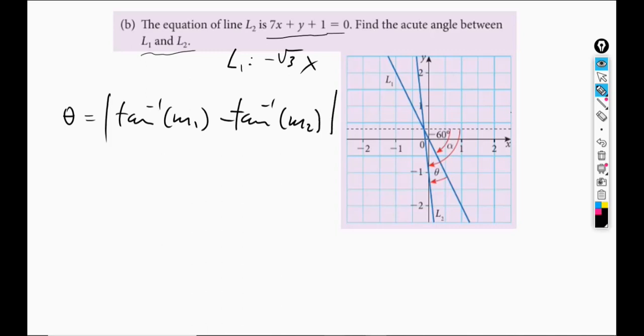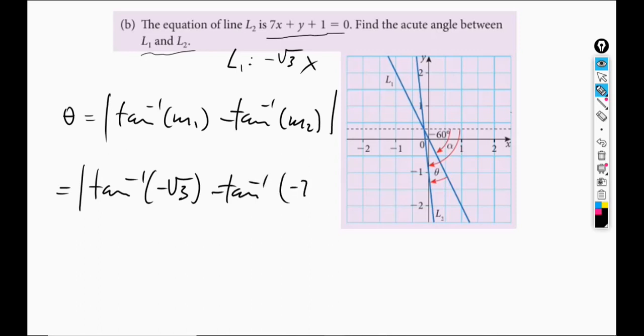So let's just substitute into the formula, and we're going to get that the acute angle between them is going to be the inverse tangent of negative square root of 3 minus the inverse tangent of negative 7. Now, why negative 7? Notice that we would have to rearrange this, right?